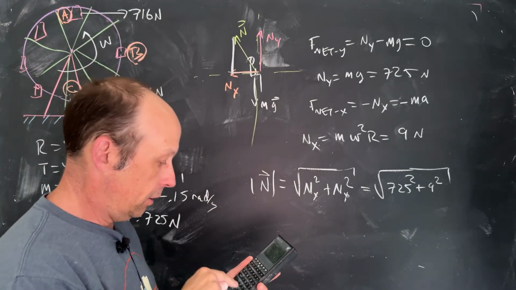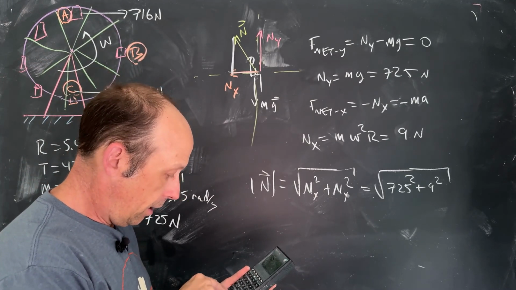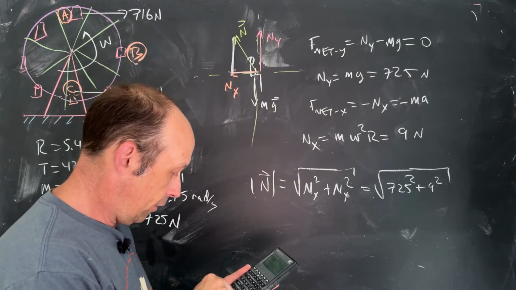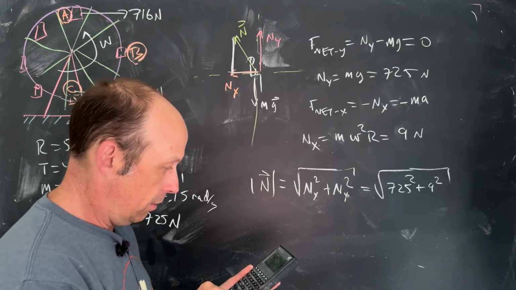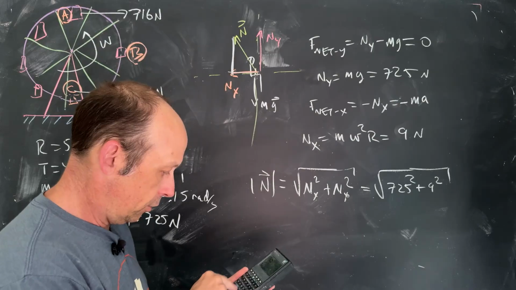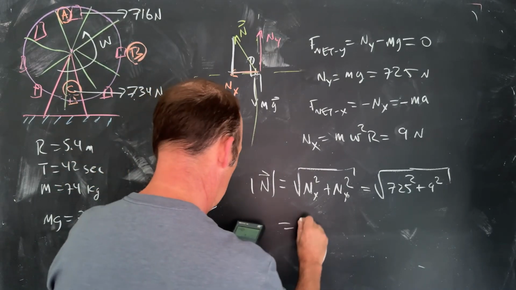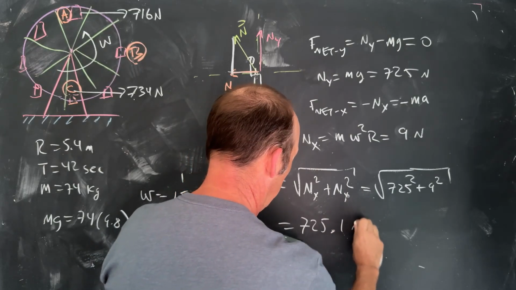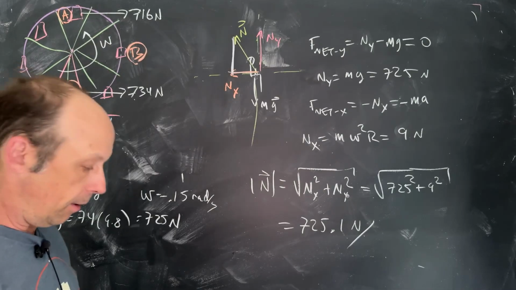Calculator. 8.9 squared, 725 squared, plus, square root. And then I get 725.1 newtons. And so it's very close to that value.